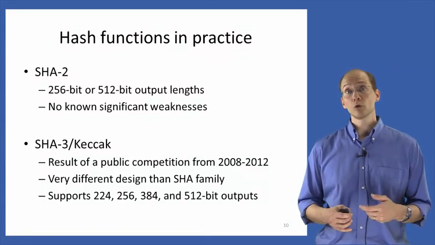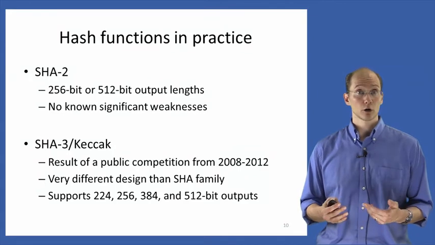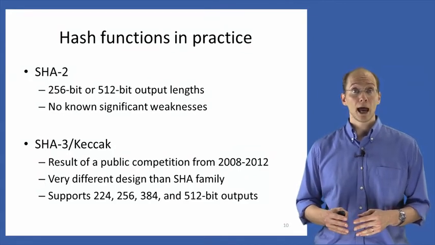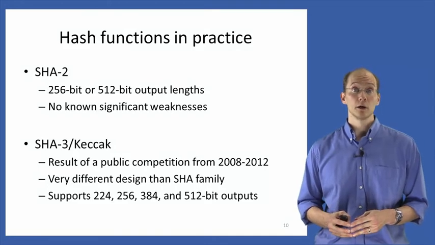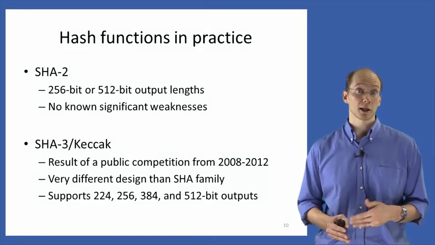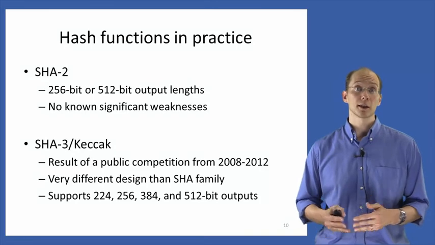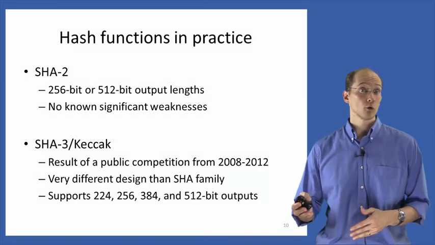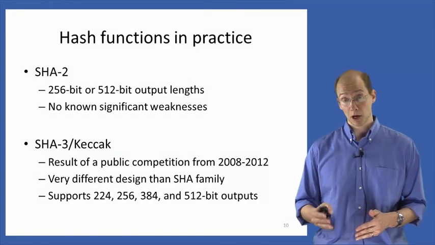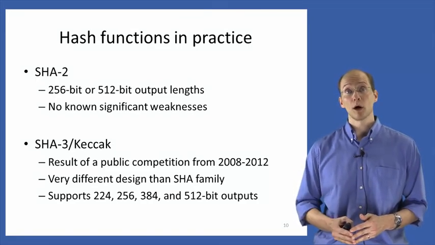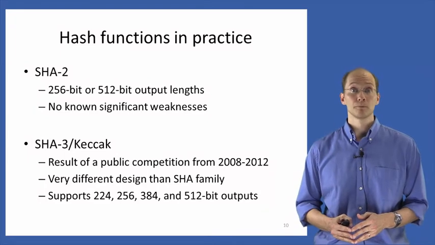Very importantly, no known weaknesses are currently present in SHA-2, and so for that reason, it's generally believed to be safe to use SHA-2 instead of SHA-1, which, as we mentioned before, has some theoretical weaknesses that have been discovered. So, as we were saying a moment ago, many people have begun migrating away from SHA-1 and replacing usage of SHA-1 with SHA-2.